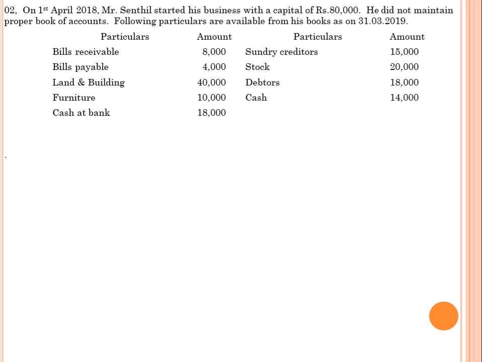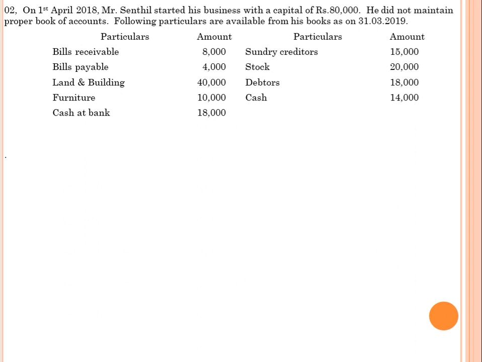I am going to read from the first two columns. Bills receivable 8,000, bills payable 4,000, land and building 40,000, furniture 10,000, cash at bank 18,000, sundry creditors 15,000, stock 20,000, debtors 18,000, cash 14,000.